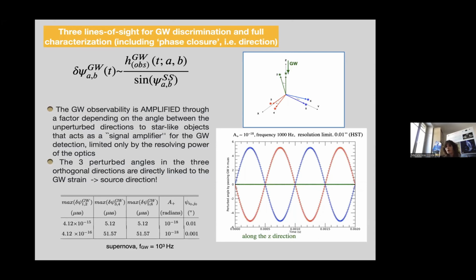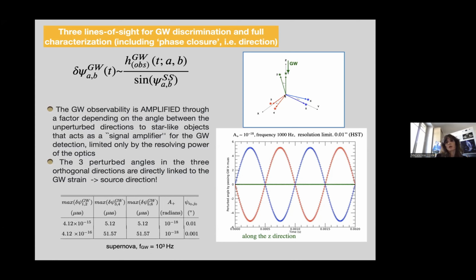Then if we implement this new observable along three directions, for example in three telescopes, this new observable is able to determine the direction of gravitational waves with sub-arcsecond accuracy.